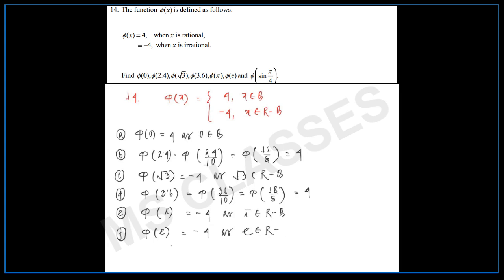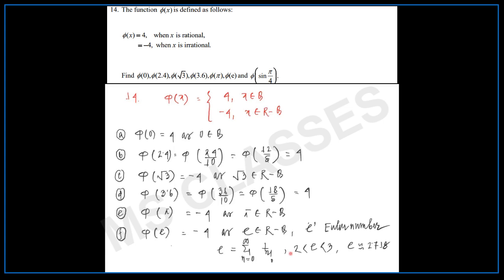So e belongs to R minus Q. e is said to be the Euler number, whose value, if someone wants to write it properly, is represented as the sum from n equal to 0 to infinity of 1 by n factorial. And e lies between 2 and 3. An approximate value of e is 2.718.